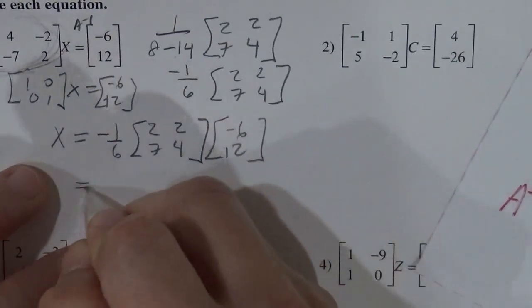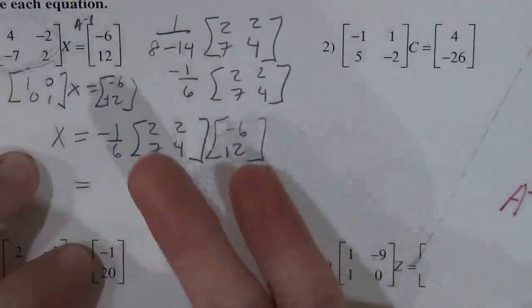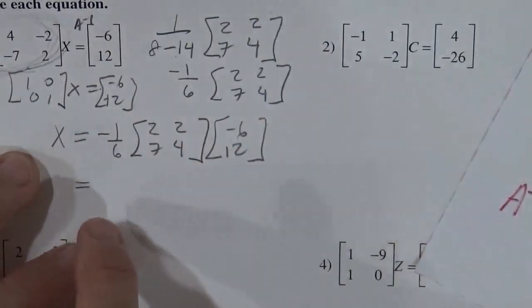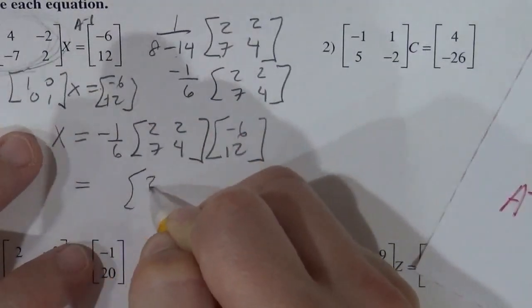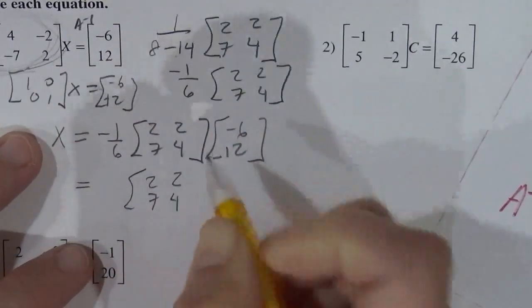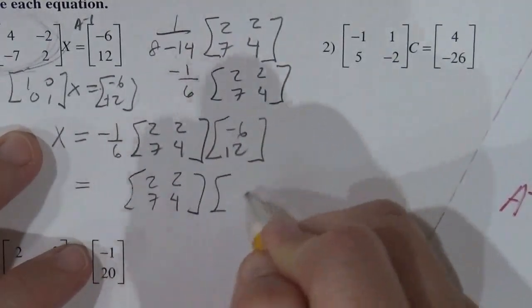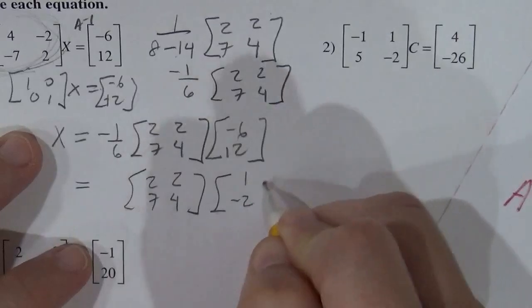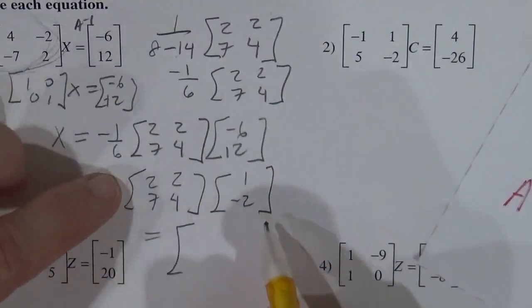A couple ways you can do this. You have to be a little bit careful here. Matrix multiplication is not commutative, but scalar multiplication is. So I'm going to go ahead and give this negative 1 over 6 to this guy and say that this is positive 1 and a negative 2, and that'll make this a little bit nicer.